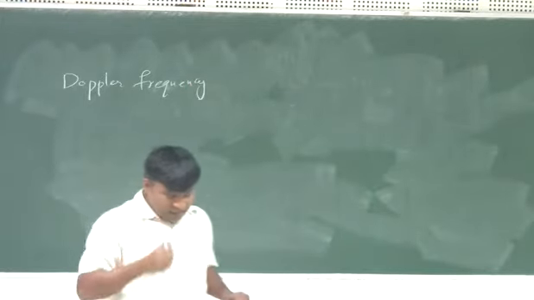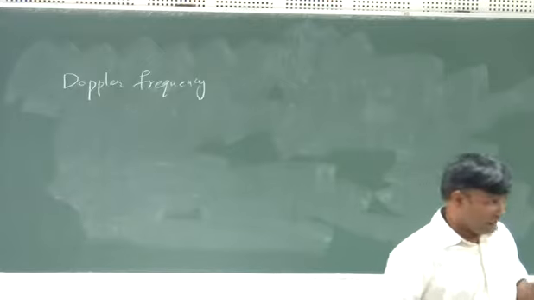Anyway, why are we discussing Doppler frequency here? Whenever the vehicle is moving, I receive a signal that is some collection of many time variations, random amplitude and uniform phase.